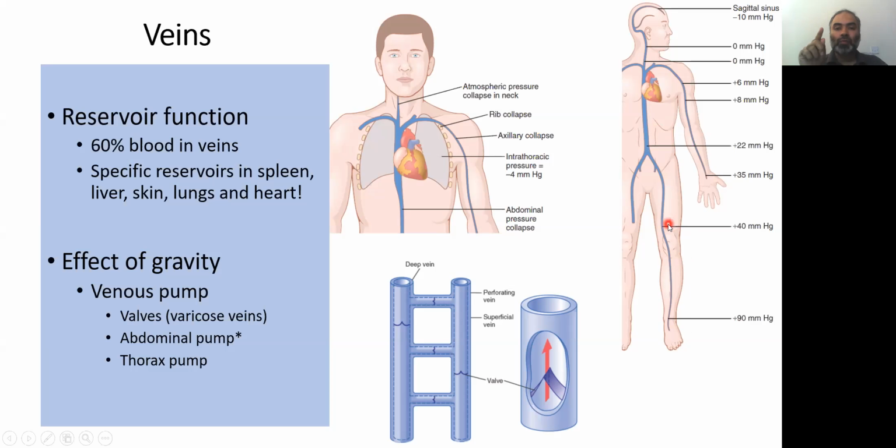The second problem is the flimsiness of veins. Except large veins, small and medium caliber veins are very thin walled. Not as thin walled as capillaries, of course, but compared to their arterial cousins, they are thin walled. So you can imagine when you have a pressure which is going down, it will take the vein with it.